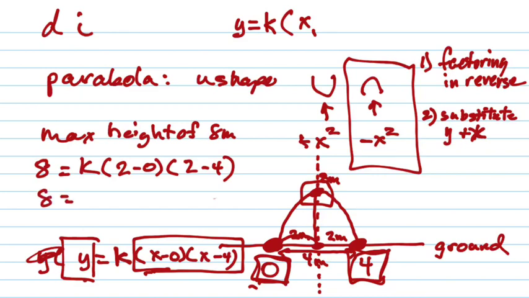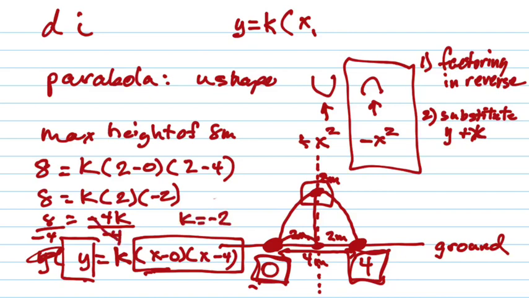Then 8 equals k times 2 times negative 2. Which is 8 equal to negative 4k, multiplying it all out. Then all I have to do is solve to get the k by itself by dividing both sides by negative 4. So k is equal to negative 4. And then you substitute that into your original equation. And there we have our original equation.